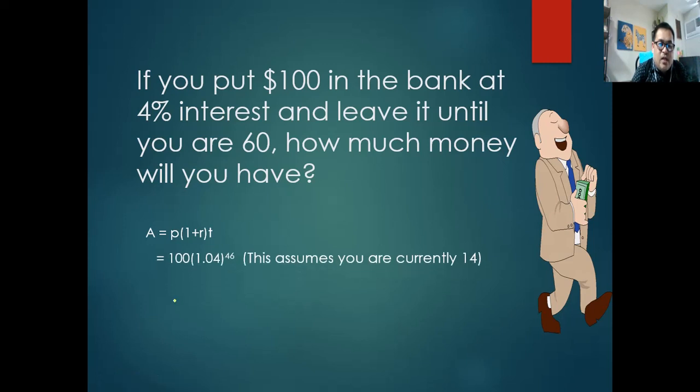So principal is 100, 1.04 because 4% is 0.04 plus 1 is 1.04. And leave it until you are 60, so that means raised to 46. This assumes that currently the age is 14. It is not written in the problem, but the age is 14, so 46 is what's left. So there is something missing in the problem.